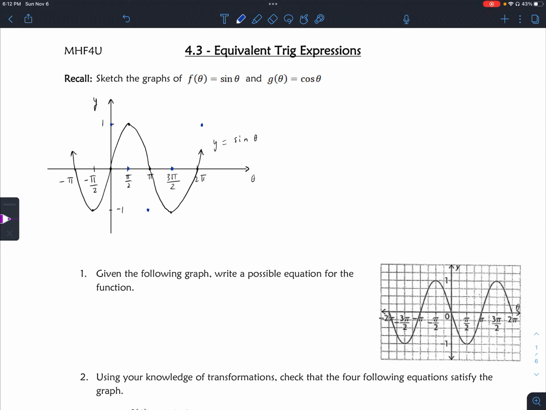And then looking at the negative values, there's also a point at negative pi over 2 and 0, and negative pi and negative 1. So in terms of its general shape, this is what cosine theta looks like.